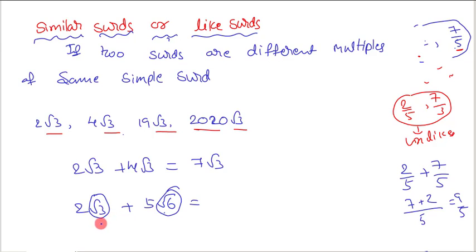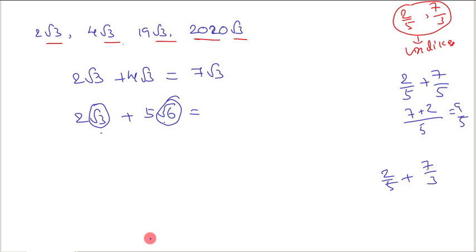That means these two are not like surds, so they cannot be added. That's why it is very, very important. So these are the main important concepts regarding surds. In the coming videos we are going to solve a few problems based on these important concepts.